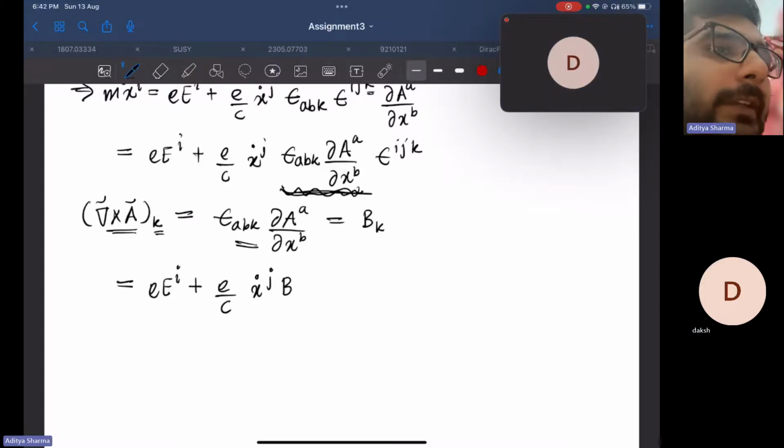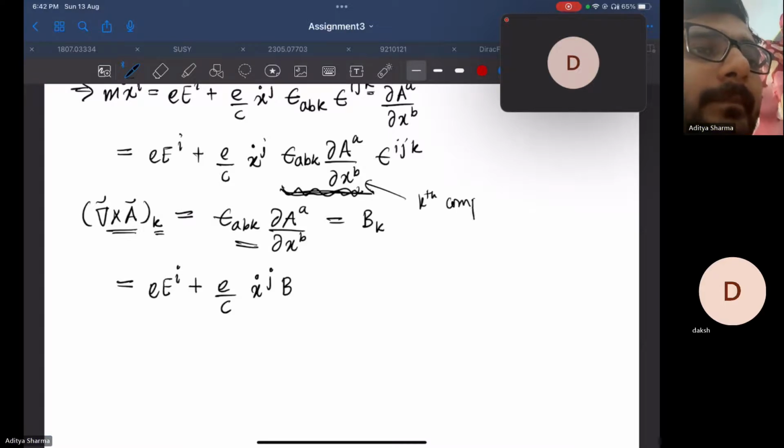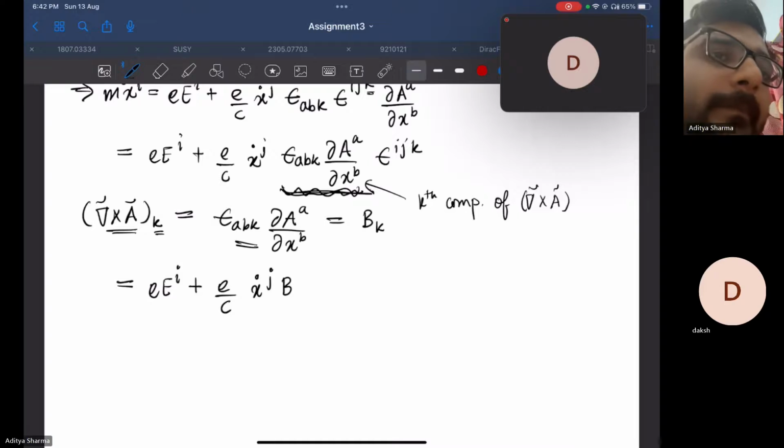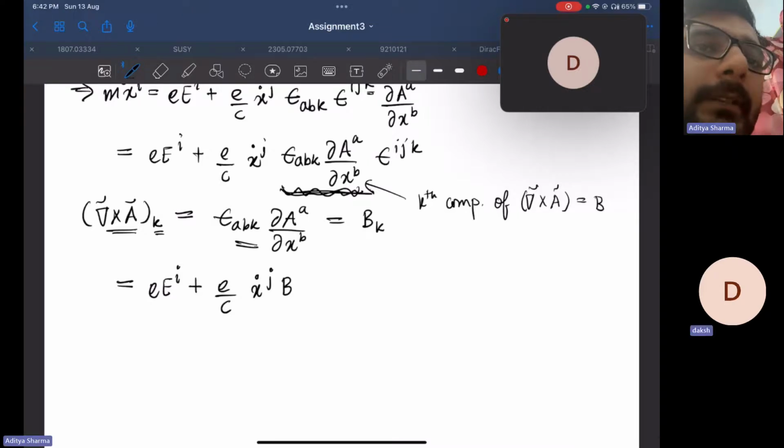So we found that this term is nothing but the kth component of curl of A vector, which is the B vector.